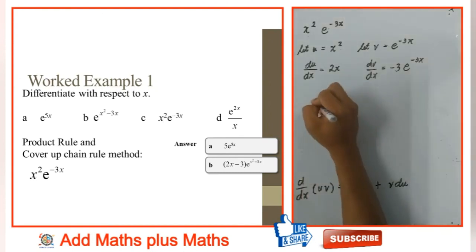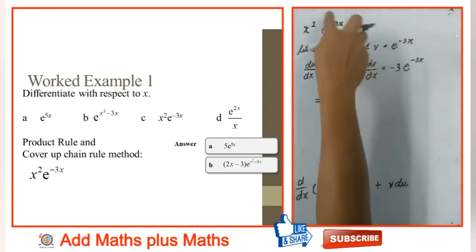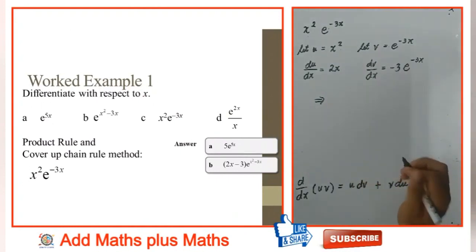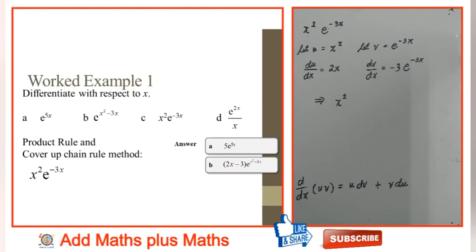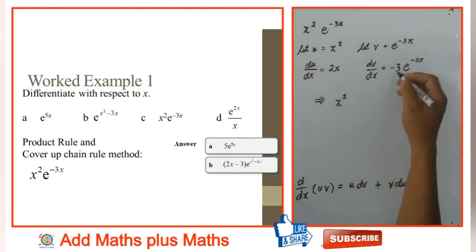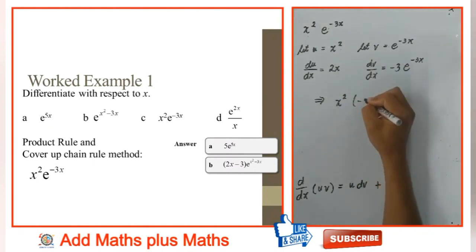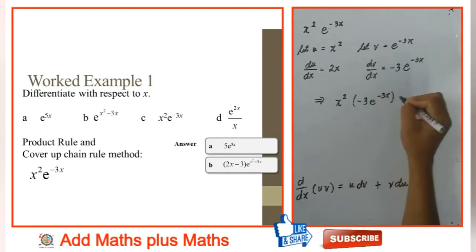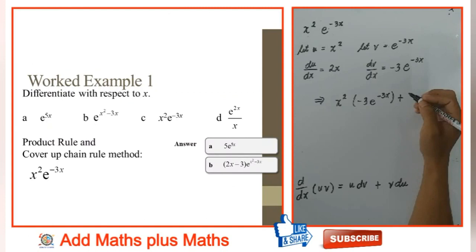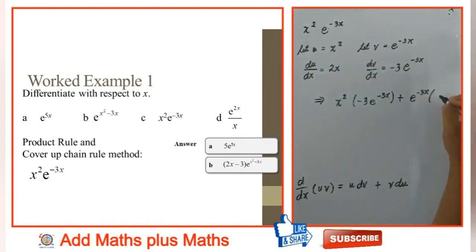So the derivative of this is equivalent to u, which is x squared, times dv, which is negative 3 e power of negative 3x, plus v, which is e power of negative 3x, multiplied with du, which is 2x.